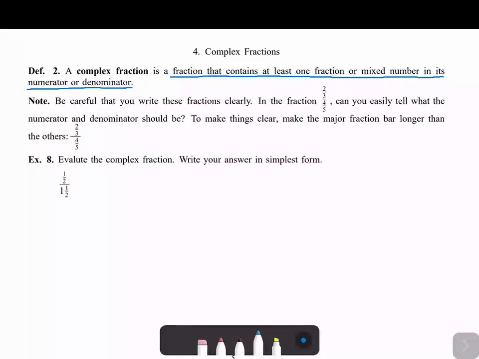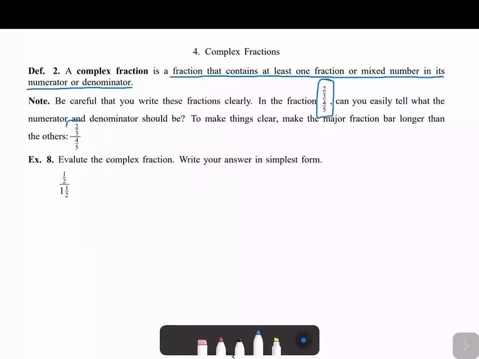So one thing to note whenever you're writing fractions over fractions, these complex fractions of this form, if you write it like this, it's very hard to tell what's going on if all your fraction bars are the same size.